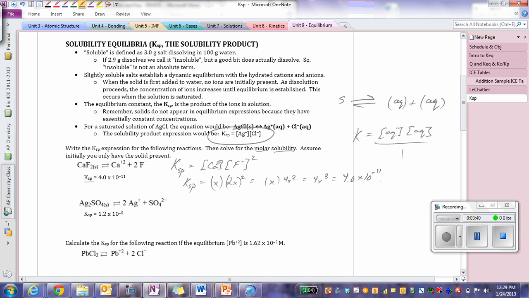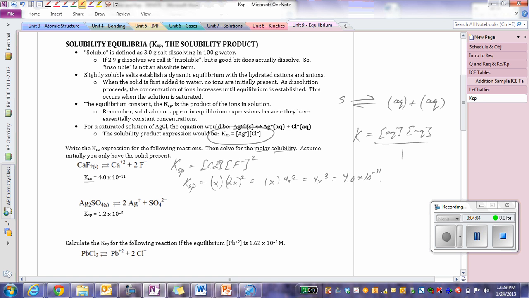Ultimately you're solving for X. Here you're going to have to start taking cube roots and other larger roots to figure out the molar solubility concentration of that ion at equilibrium.